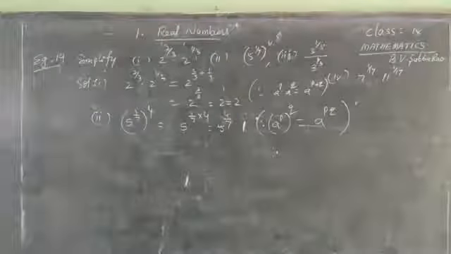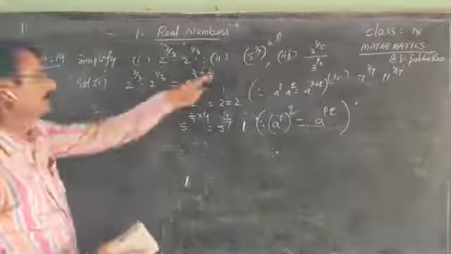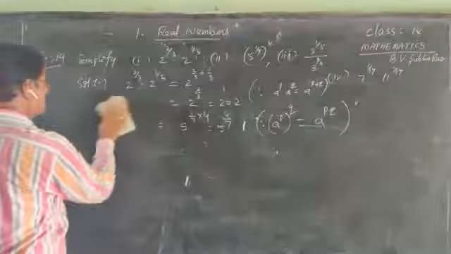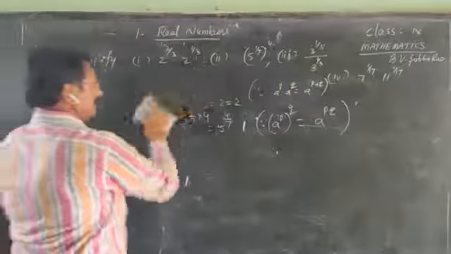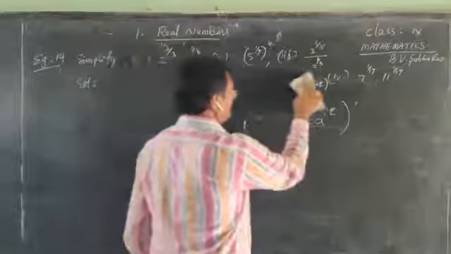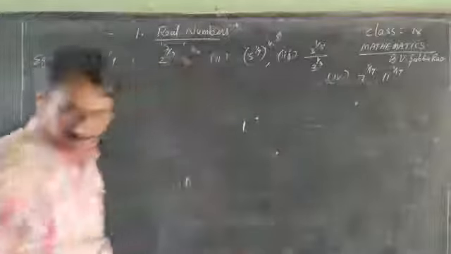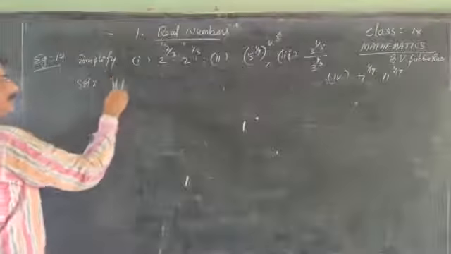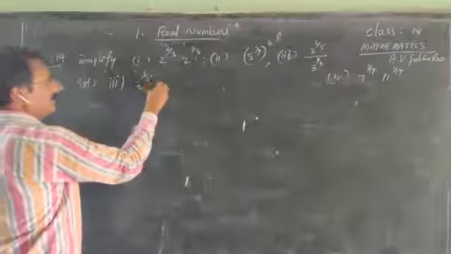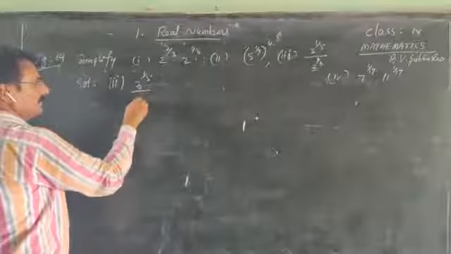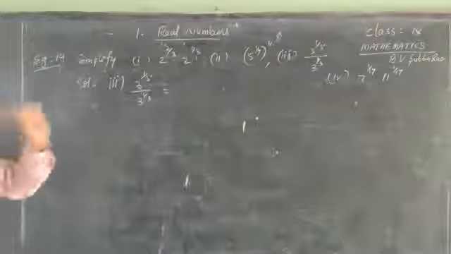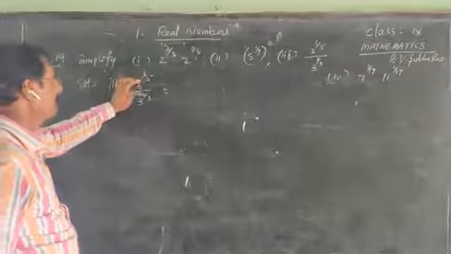Next, go to the next example, third one. I'm going to erase these two sums. Next one, third one. What is the third one? 3 to the power of 1 by 5 divided by 3 to the power of 1 by 3. You observe the exponent 1 by 5 is less than 1 by 3.